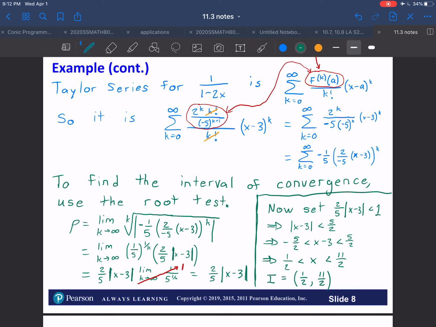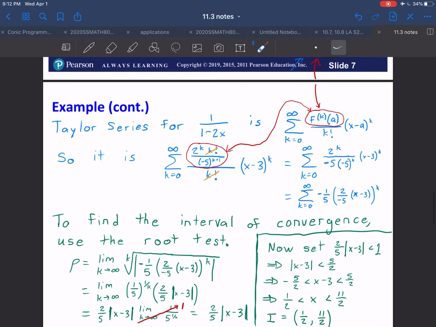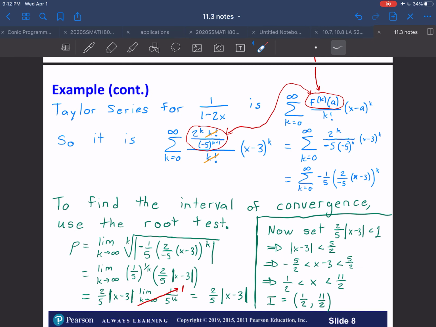Okay? And I'm not telling you the whole story here, because technically we would still need to test both of our endpoints. We would need to determine if 1/2 and 11/2 converge, but let's just take a look at what happens in the series right here.